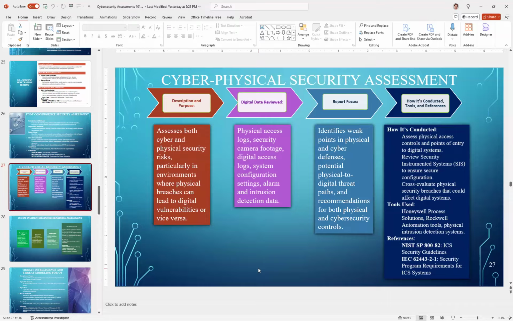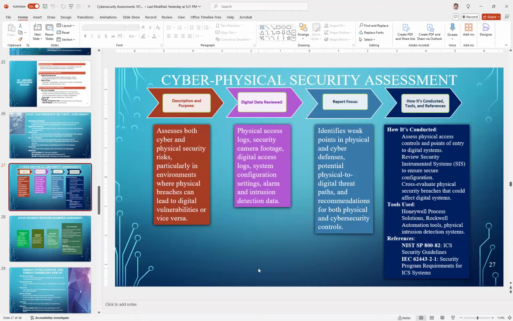Digital access logs, any system configuration settings, and any alarm and intrusion detection data are also reviewed. Your report identifies weak points in the physical and cyber defenses, potential physical and digital threat paths, and provides recommendations for both physical and cybersecurity controls.